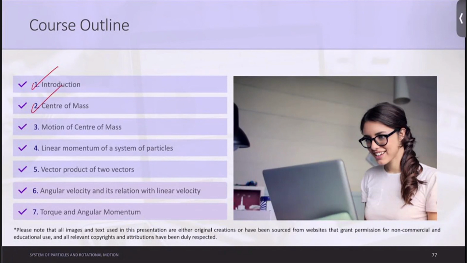It is 1 upon m into summation mi xi. Let us say this is for the center of mass of particles in x direction. Similarly for y direction, we can write 1 upon m summation mi yi. And similarly for z direction, 1 upon m summation mi zi.